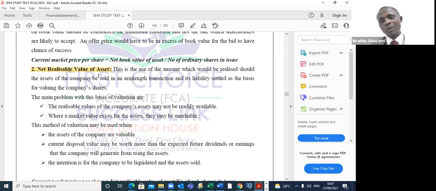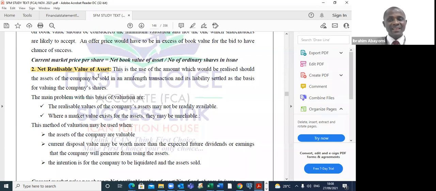If this my phone has a carrying amount of 50,000 naira and I can sell it at 60,000 naira in the market, the carrying amount is 50,000. But if I want to sell it in the open market, I can sell it for 60,000.